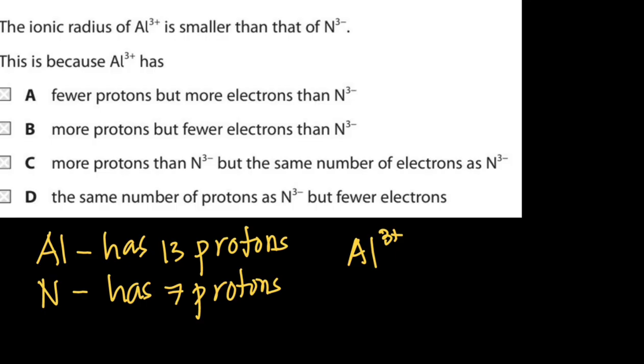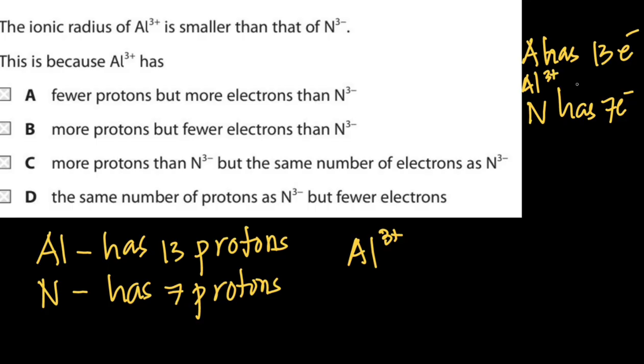Neutral aluminum has 13 electrons, and neutral nitrogen has 7 electrons. But the aluminum ion loses 3 electrons, while the nitride ion gains 3 extra electrons.